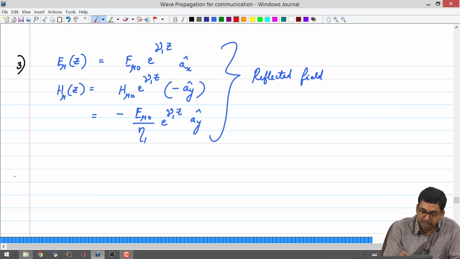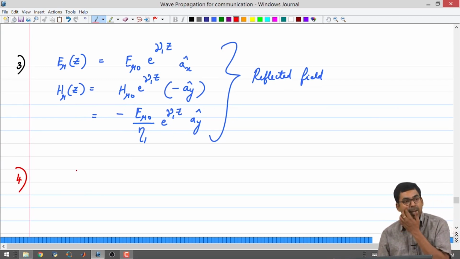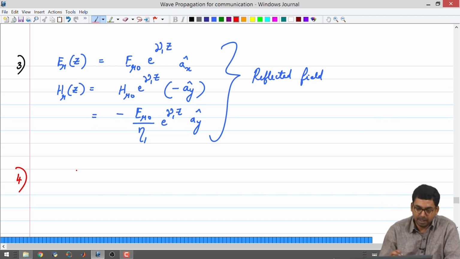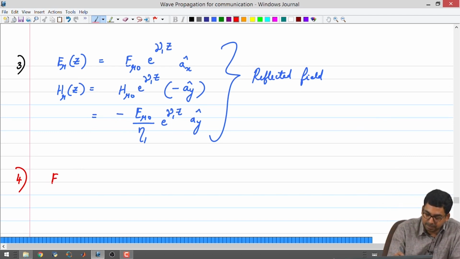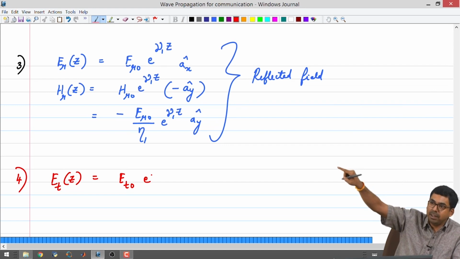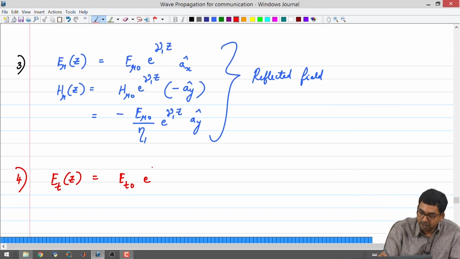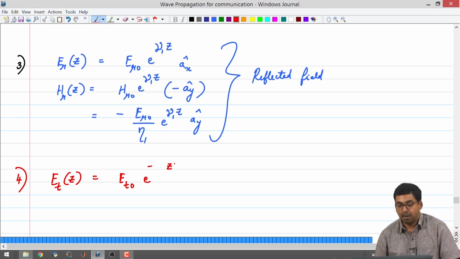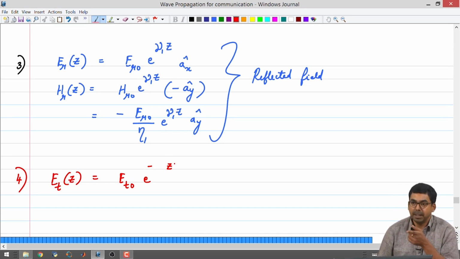Now, we can also write down the electric and the magnetic field expressions for the transmitted part. That would be E t of z, with some magnitude E t naught. It is travelling in the same direction as the incident wave, which means you will have minus z coming into the picture, but it is travelling through a different medium.